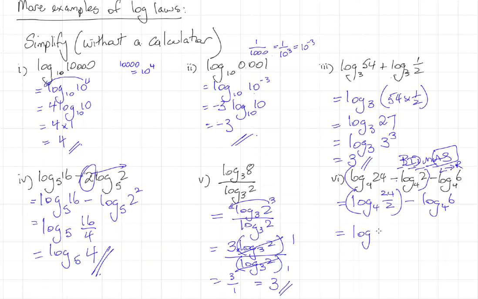So that's log 12 to base 4 minus log 6 to base 4. And here we are subtracting the log, so we are dividing the numbers. So that's the log to base 4 of 2.